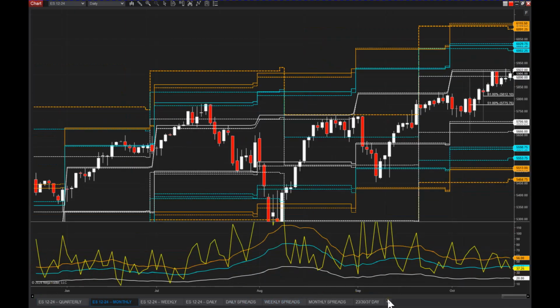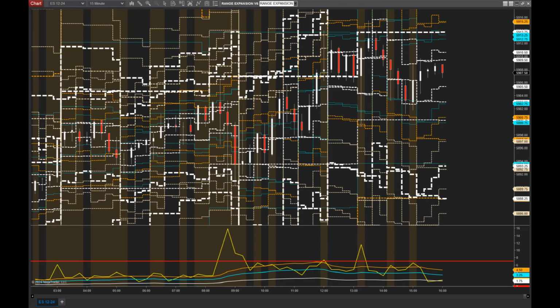So let me change gears real quick. And instead of looking at these higher time frames, let's boil down and show you what you can do intraday with JATS PT, because I think a lot of you are missing the big picture here. And basically, that's range expansion.